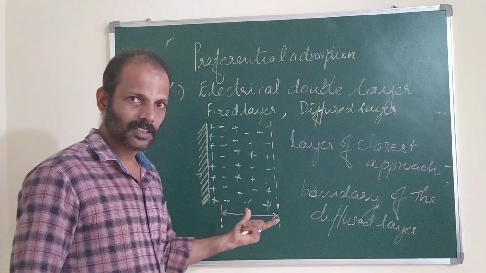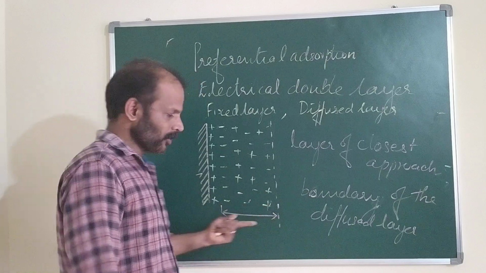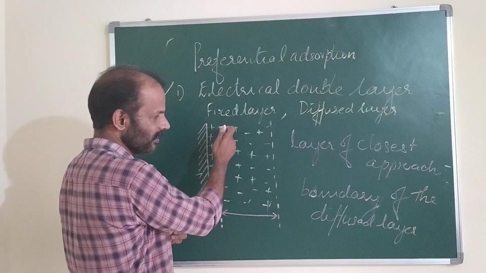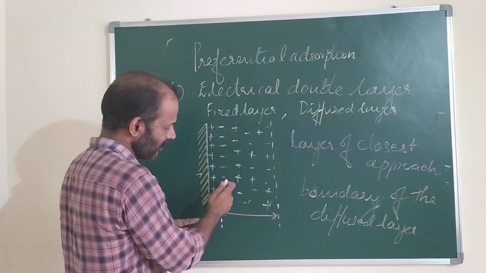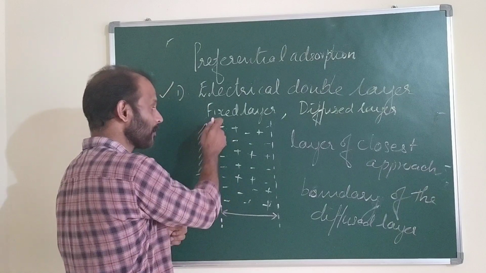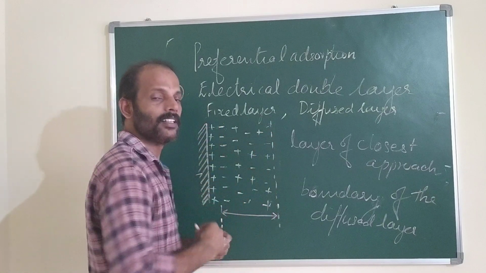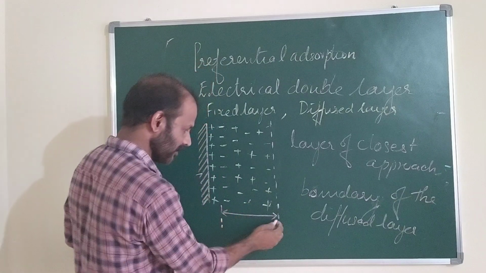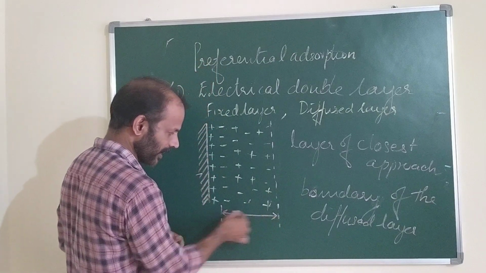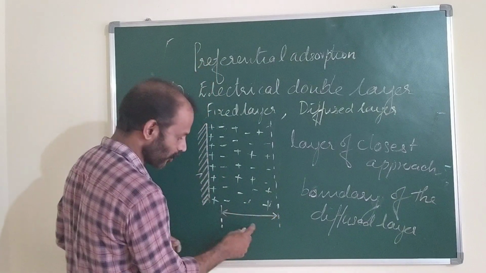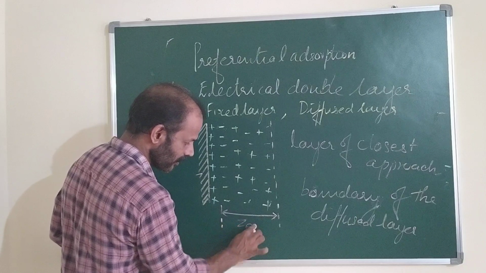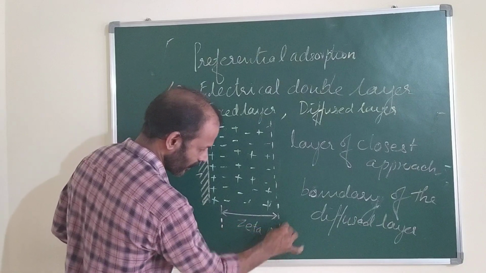All are charged, so a potential is created. So the potential created between the layer of closest approach to the fixed layer and the boundary of the diffuse layer, this potential is known as zeta potential.